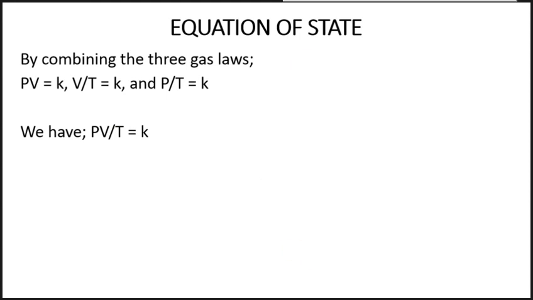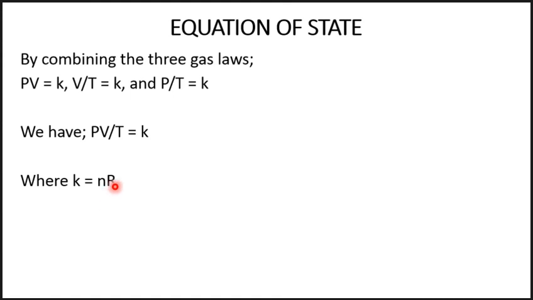Now another vital thing you need to know: the K we have right here is written as nR. So K, which is a constant here, can also be written as nR, where n still remains the number of moles and R is the molar constant.